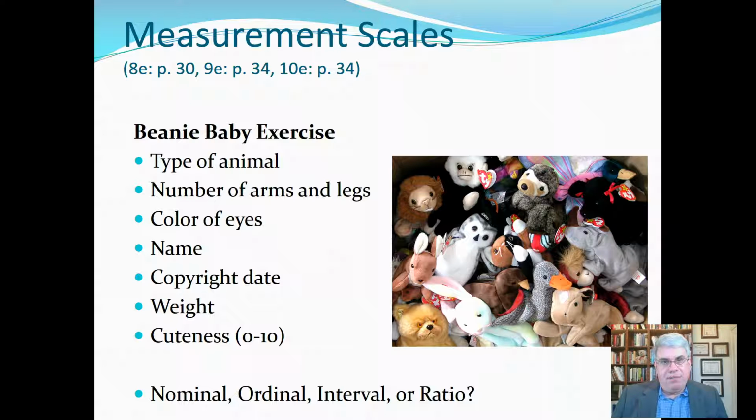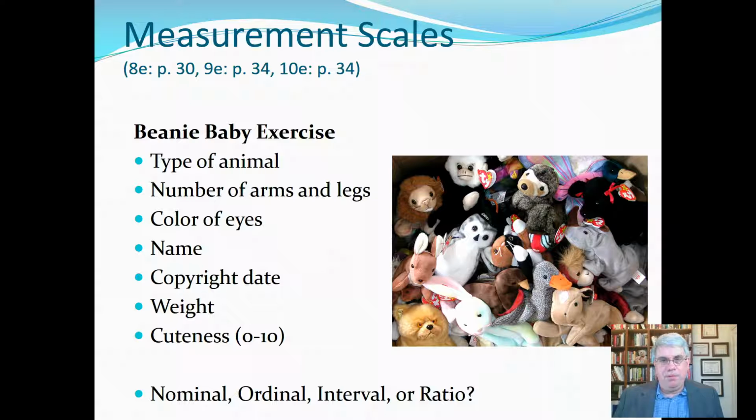Well, what type of scale would that be? Well, it wouldn't be a ratio, because a 10 doesn't mean that it's twice as cute as 5. It would at least be an ordinal, because a 3 is cuter than 2, and a 6 is cuter than a 5. Now, is it an interval? That's a good question. We don't really know exactly what happens in our minds when we classify things.